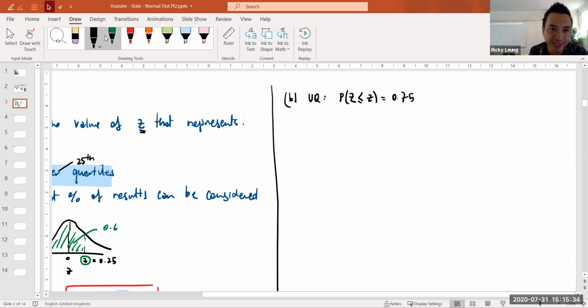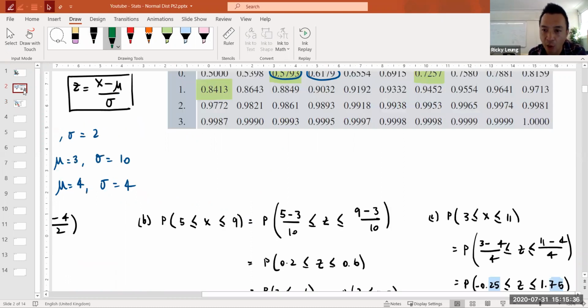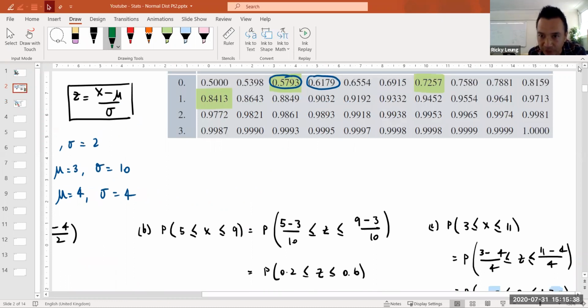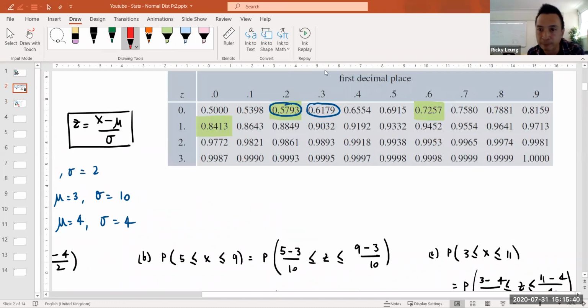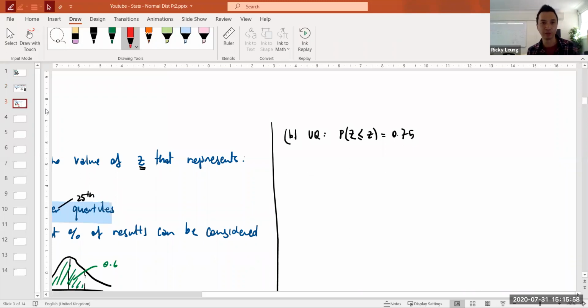So on my table, I want to find the 2 values that are the closest to 0.75. Let's see, 0.7, this guy and this guy. So it's going to be somewhere between 0.6 and 0.7. That's the z value, and that's what the probability equals. So I'm going to jot down these 2 and use those as my 2 points, and then I'm going to interpolate.